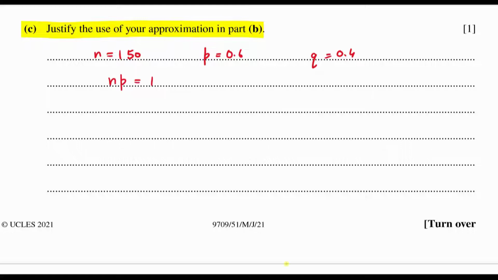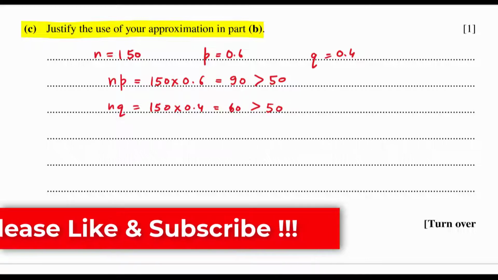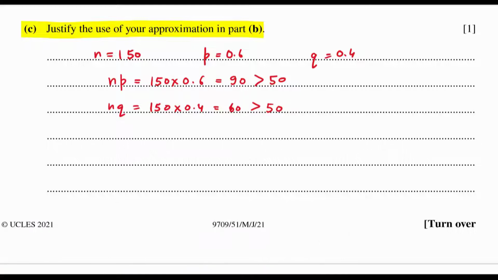NP is 150 times 0.6, NQ is 150 times 0.4. In both cases we get 60 and 90, which are greater than 5, so that's why it is the correct approximation. We can use this approximation for the binomial case.